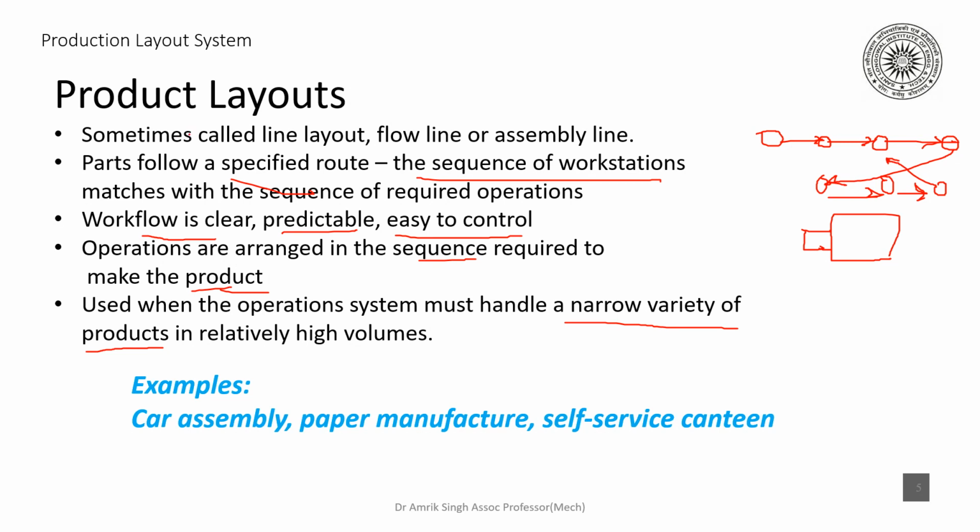In the car production system, we cannot make scooters or clothes. So a narrow variety of product is there and the volume is high. Examples of such layout are car manufacturing, paper manufacturing, and the self-service canteen.